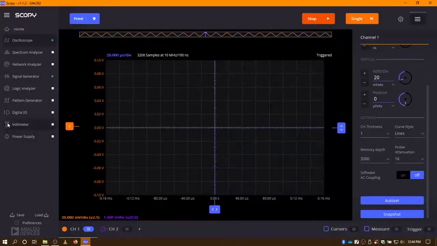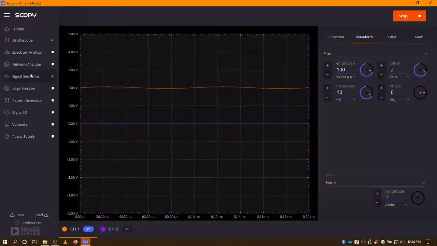We'll go back to signal generator here. And I had mentioned earlier that the oscilloscope has a bandwidth of 25 megahertz. But in all reality, you should only be able to measure cleanly anywhere from 5 to 7 megahertz for your signal.